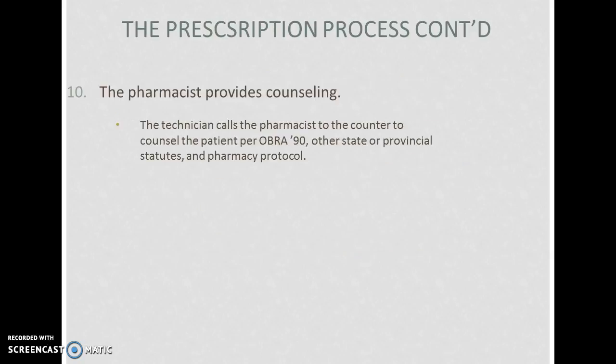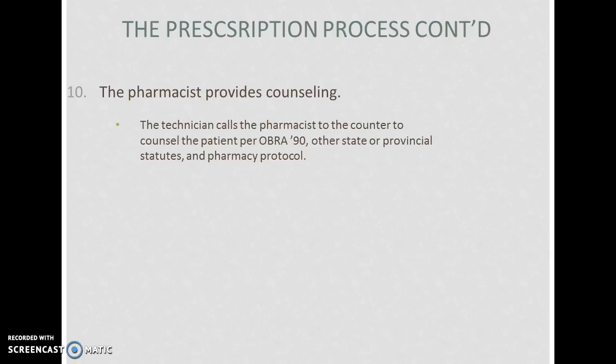And finally, this goes back to OBRA. This is the power that has been given to the pharmacist that the individual may ask about a particular drug, its contraindications, side effects, etc. That counseling can only be given by the pharmacist.